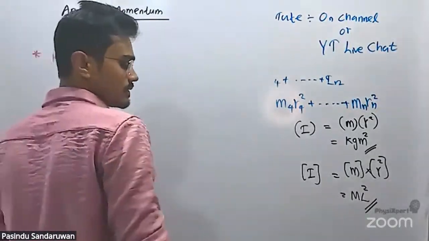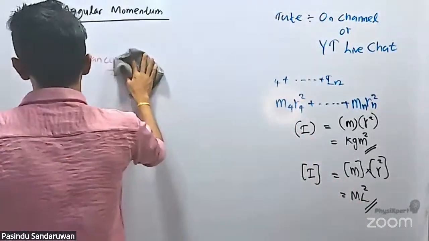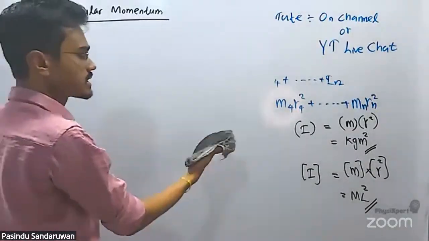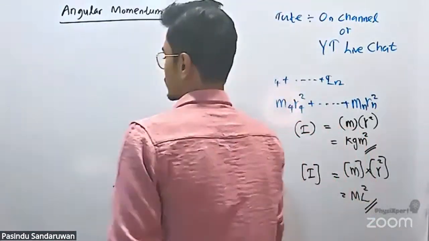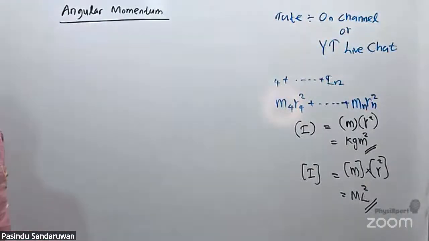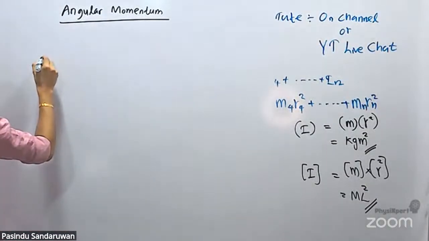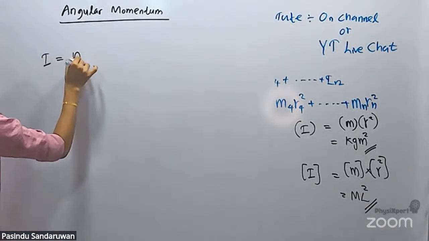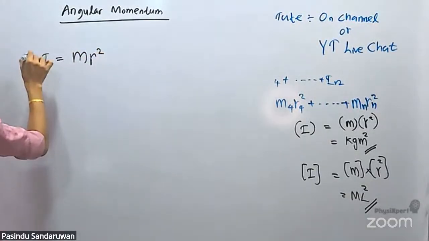Now, if I break this down further, listen. We know I equals mr squared, the general equation of moment of inertia.